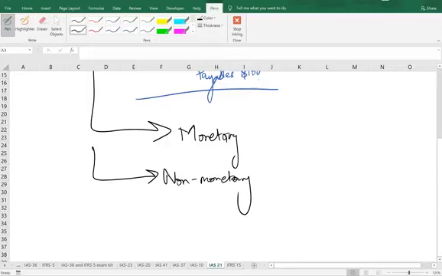These are all non-monetary items. Whereas monetary items, for example, you've got cash itself, and sometimes companies hold foreign currency as well. So holding foreign currency, you have to translate it at the reporting date as well. Monetary items, for example, receivables, have no other use except for being realized in cash.